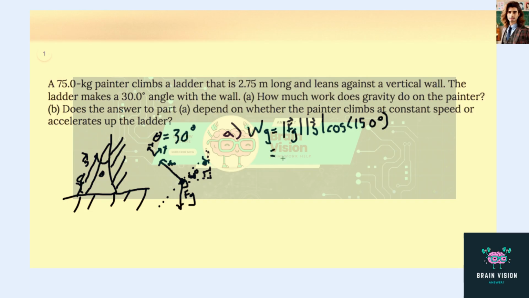And so we substitute in mg for the magnitude of our gravitational force, and we have the cosine of 150 degrees still here as our angle, and now we're ready to plug in the numbers into our expression. So we have 75 kilograms as the mass, 9.8 meters per second squared for the acceleration due to gravity.